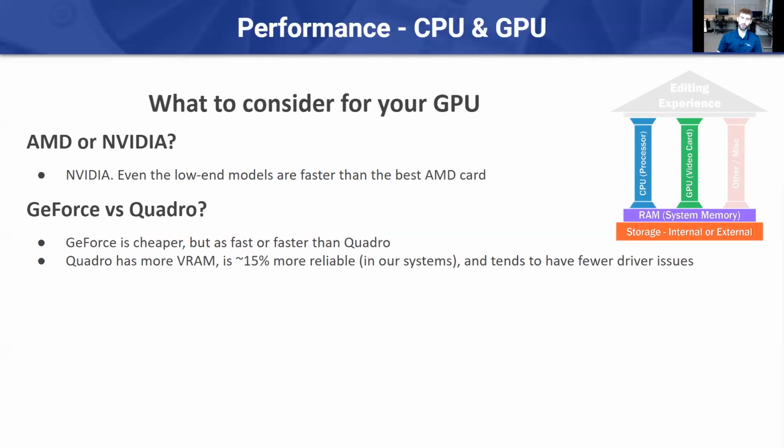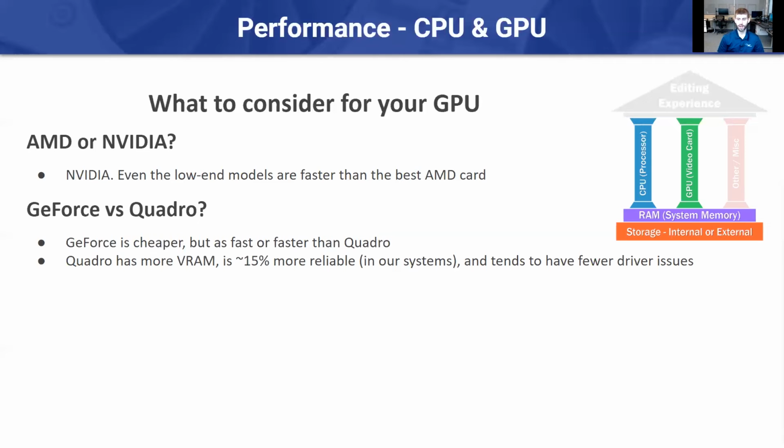The thing with Quadro is on the upper end, they do have models that have more VRAM, which usually isn't a factor in After Effects, and they are more reliable. We track about 50% higher reliability with Quadro versus GeForce. Now, that sounds like a big number, but in reality, both of those are under a 1% failure rate. So you're very unlikely to have a problem either way you go.